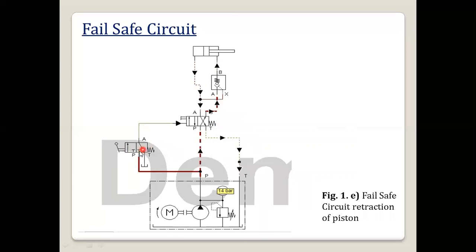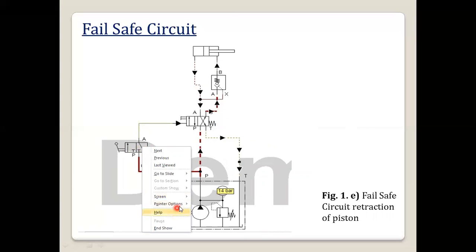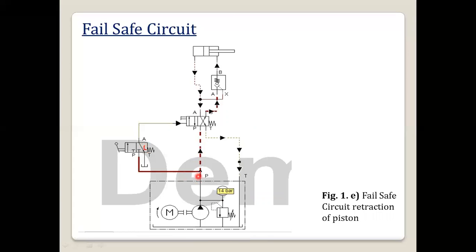When the position shifts here, flow will not happen here, so the flow will now be to the P port, then to the A port, and in this way it is the retracting position. Here you can see how it is retracting.